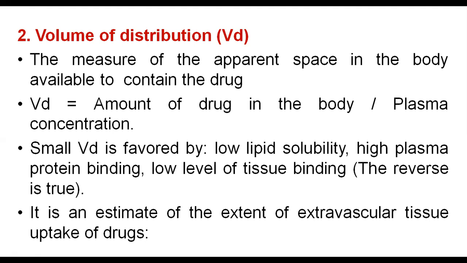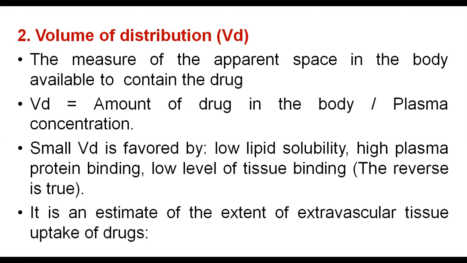Much of it will remain in the plasma. So we'll say the drug has a low volume of distribution. Then drugs with a small volume of distribution have a low level of tissue binding, meaning they do not have a very high affinity for binding to the tissues. Much of the drug will remain within the plasma.